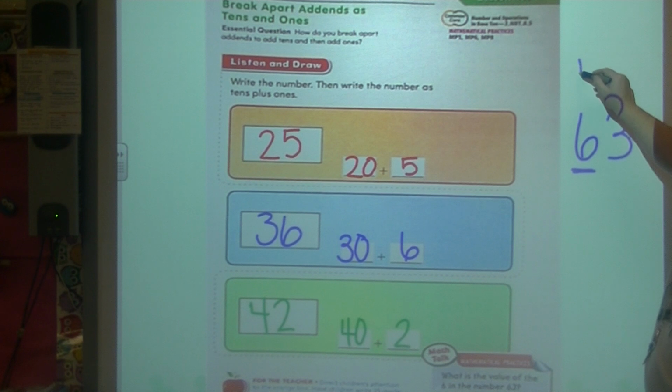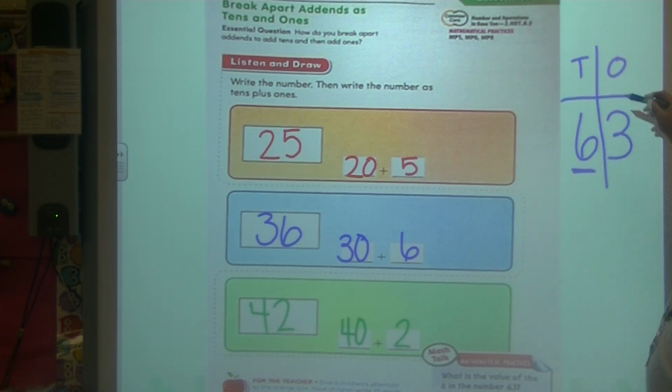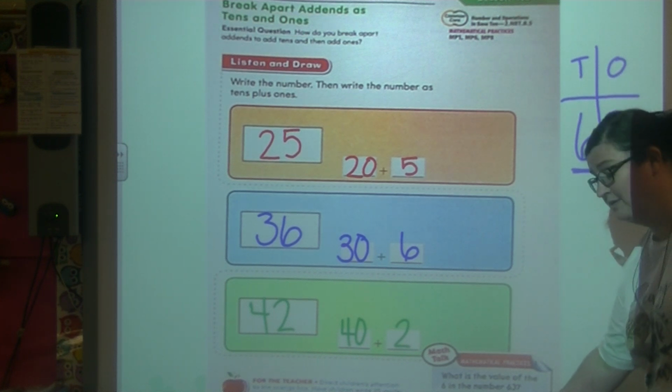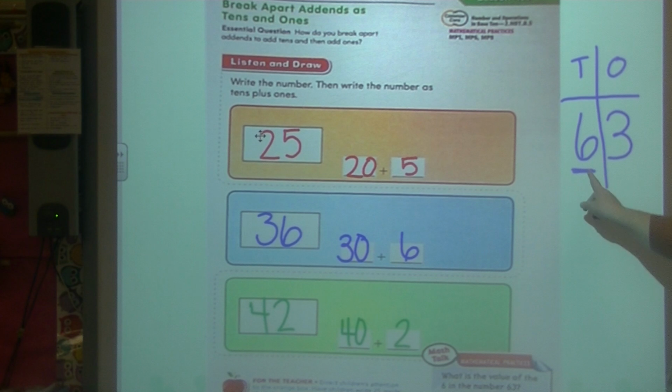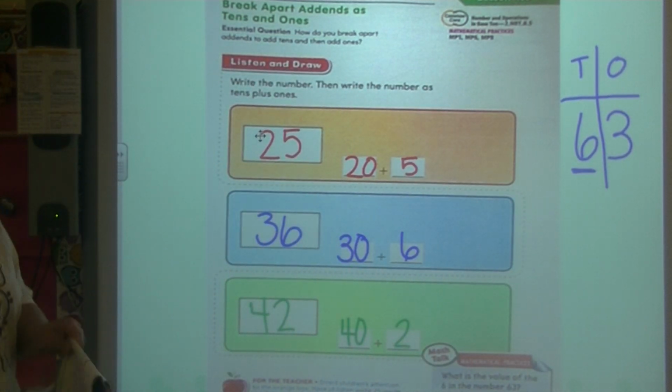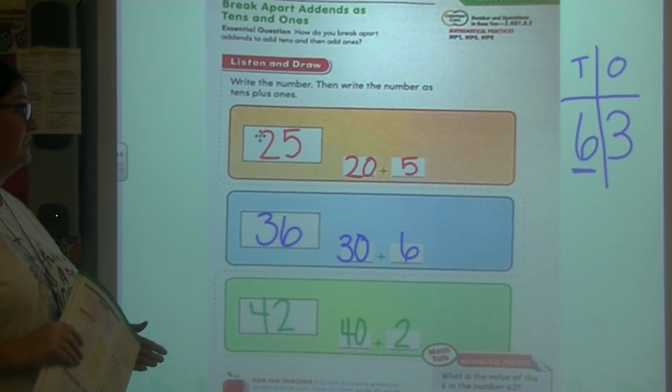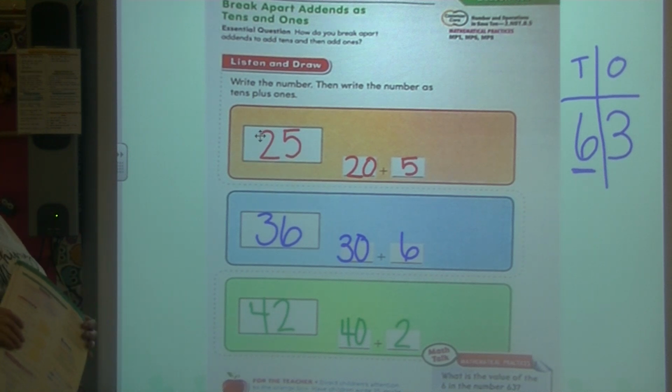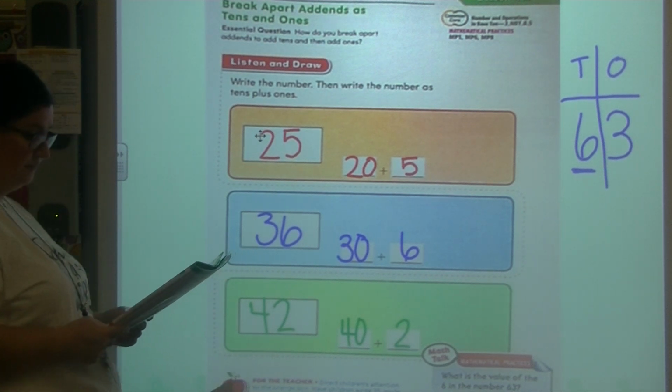This is our tens. This is our ones. That 6 is worth 6 tens. What's the value? It's worth 60 because it's in the tens place. It's worth more because it's in the tens place. It stands for 6 groups of 10.